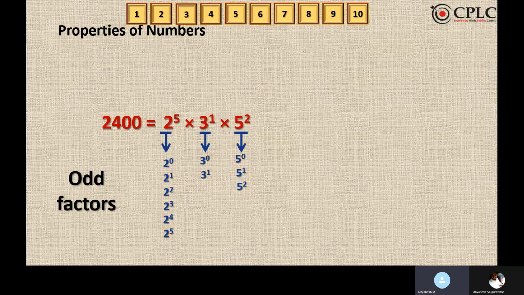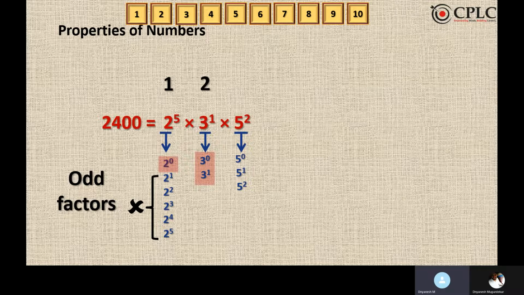Second question, odd factors. Now for even factors, we consider the even numbers; for odd factors, we should not consider that. So 2 raised to 1 till 2 raised to 5 will go off. That means from the powers of 2, we will have just one possibility, which is 2 raised to 0. And 3 raised to 0, 3 raised to 1, two possibilities.